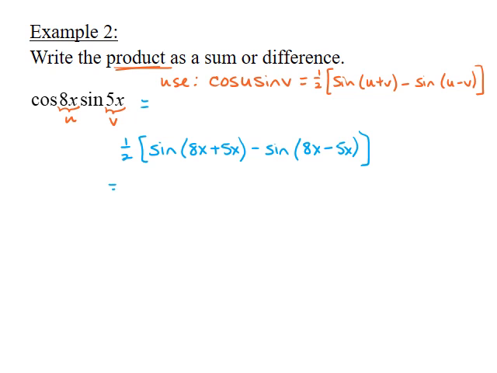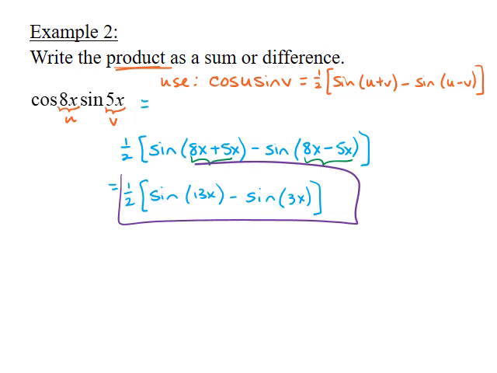Now we'll simplify each of the arguments. So we have 1/2 sine of 13x minus sine of 3x. This is my final answer because I do not have like terms. And this is it.